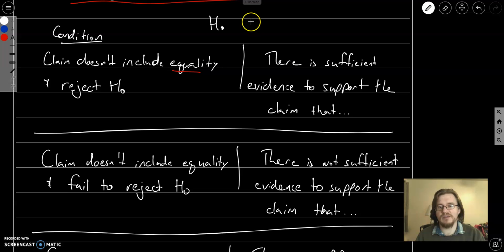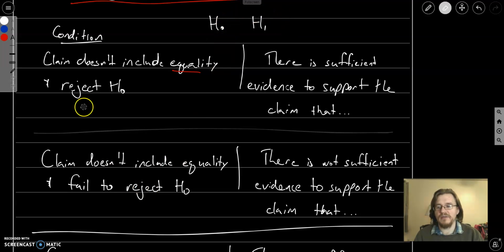And when we think about the difference between the null hypothesis and the alternative hypothesis, if the null hypothesis is not true, it must be the alternative hypothesis, which would mean that there is sufficient evidence to support our claim.